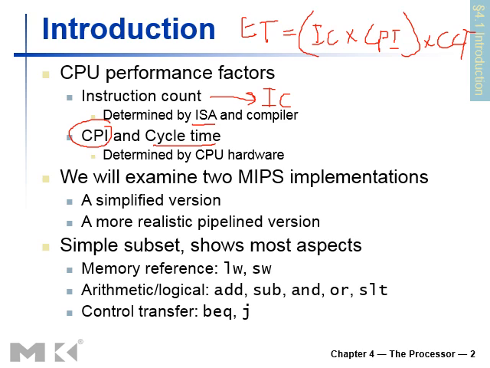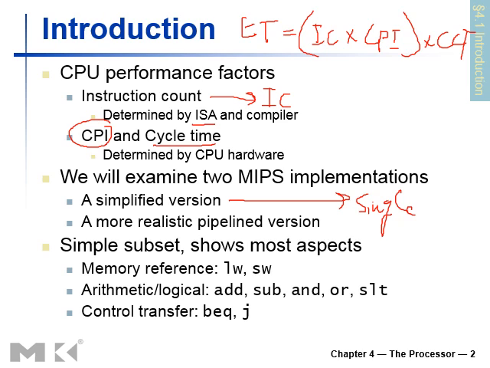In our discussion, we will cover two MIPS implementations. The first version is a simplified version, a single cycle processor, which we discussed before our second sessional examination. If you remember, we call it a single cycle processor because it processes every instruction in one clock cycle.